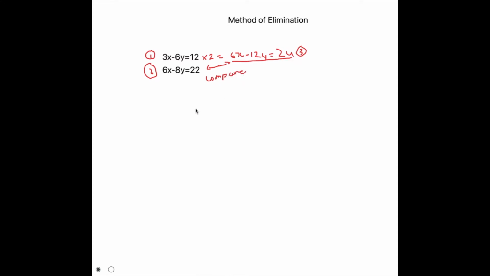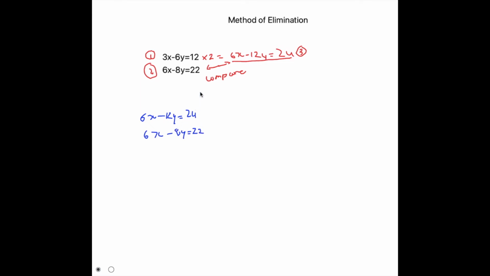I'm going to rewrite this at the bottom to make it neater. 6x minus 12y equals 24, and then we also have 6x minus 8y equals 22.